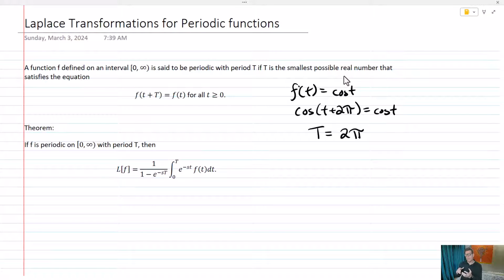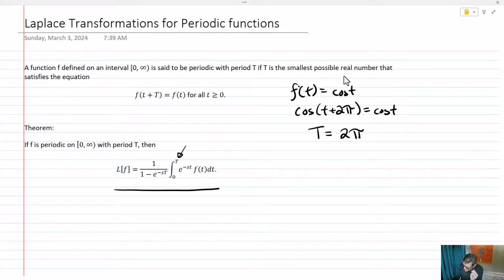Now, if we have a periodic function, then we define the Laplace transform for that periodic function utilizing this equation: L of f equals 1 over 1 minus e to the negative s big T, times the integral from 0 to big T of e to the negative s little t f of t dt.